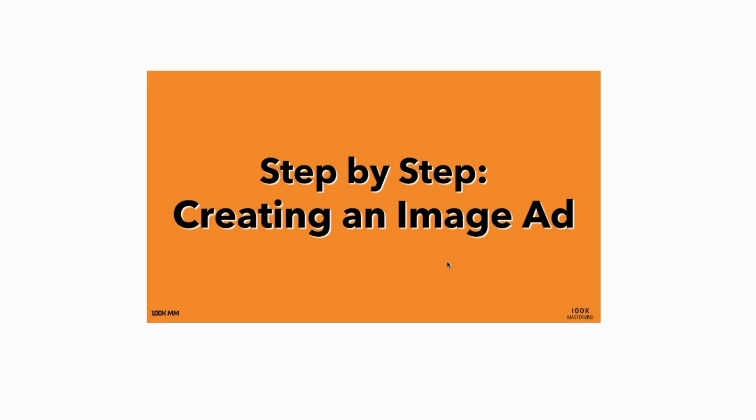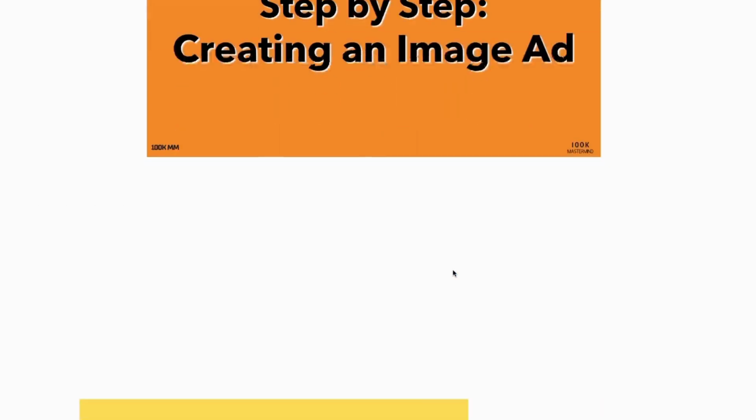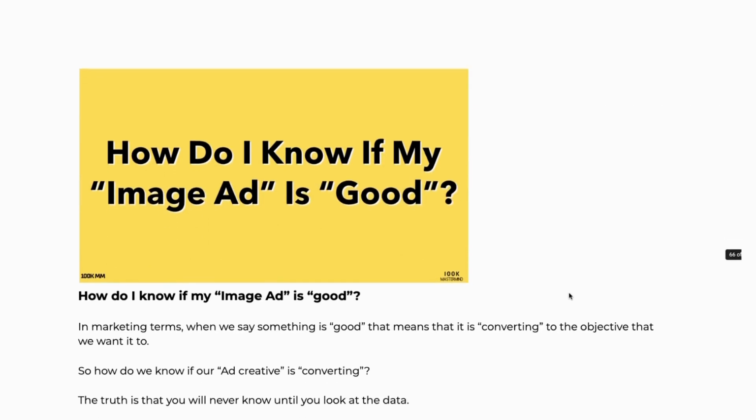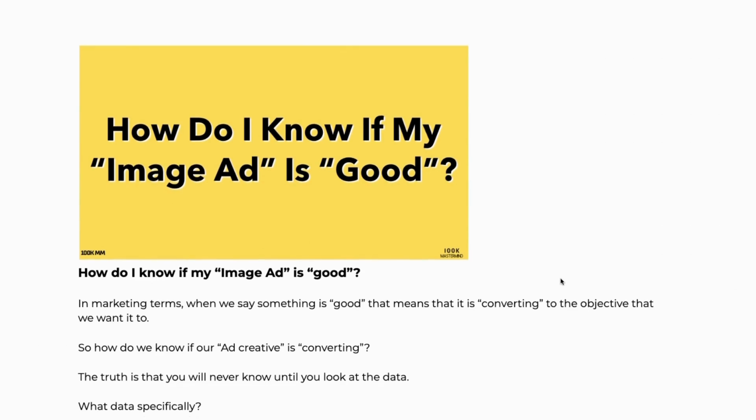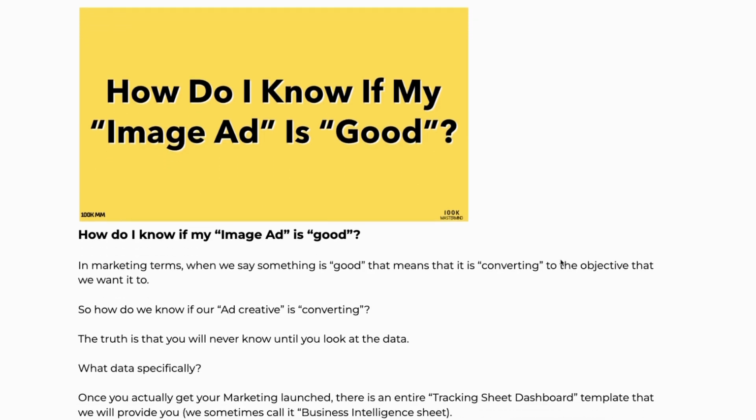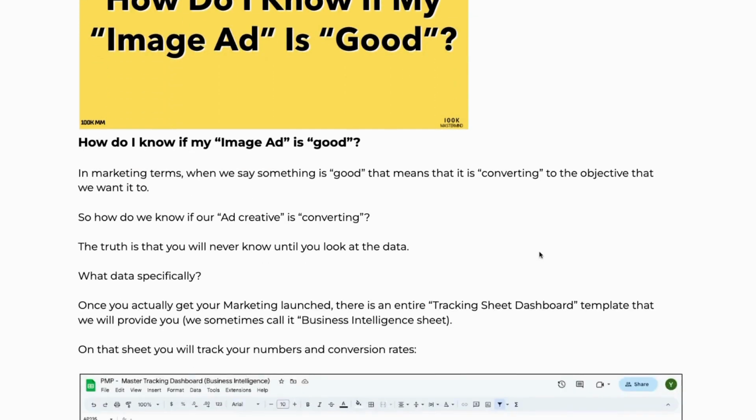Now, the next thing we want to do as we start to close out this section is answer the question: how do I know if my image ad is actually good? We talked about this when we talked about copywriting, and it's the exact same answer here. In marketing, when we talk about whether something is actually good or not, it's not subjective. Especially in direct response, it's all number-based and data-based, very quantitative.